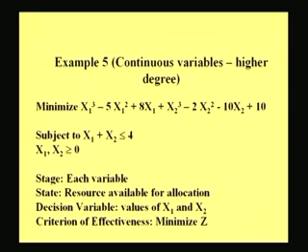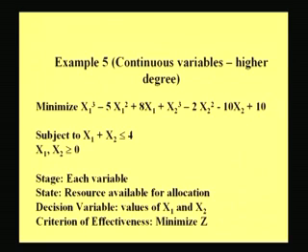We have two variables here, so we solve in two stages and each variable represents a stage. The state is the resource available for allocation. The constraint x1 plus x2 less than or equal to 4 does not tell us what the resource is, therefore we generally define it as resource available for allocation.